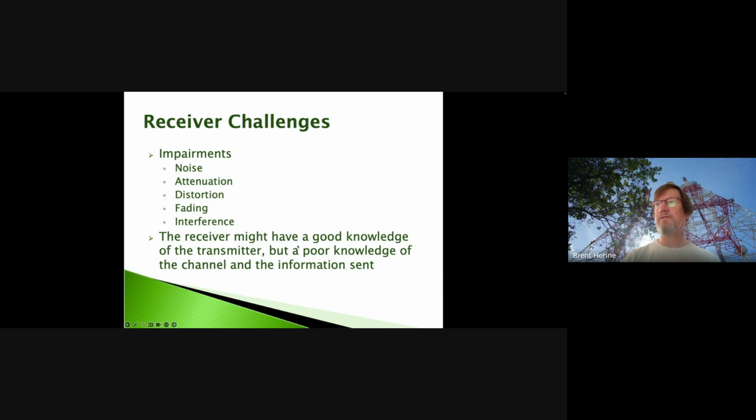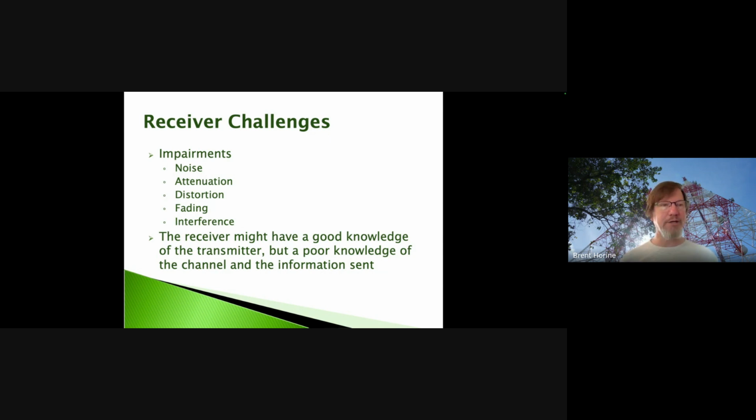So the receiver might have good knowledge of the transmitter, but it has poor knowledge of the channel and the information sent. It doesn't know what the information is. Remember, we talked about how if there's no uncertainty in the information, then there's no need to even have a communication system; you already know the result.